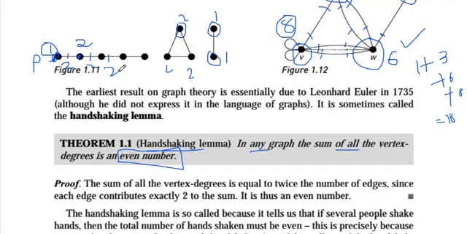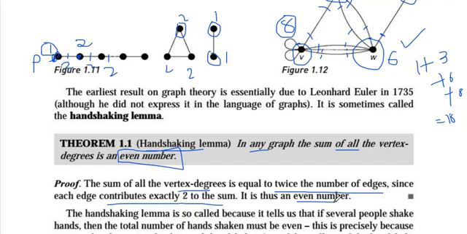So if the number of edges is counted 2 times, then any number multiplied by 2 is always an even number. Yes, the sum of all the vertex degrees is equal to twice the number of edges. Why? Because each edge is counted 2 times. Since each edge contributes exactly 2 to the sum, it is thus an even number.